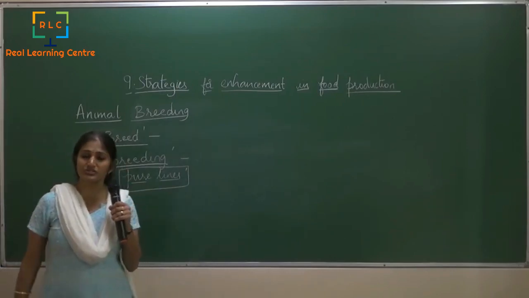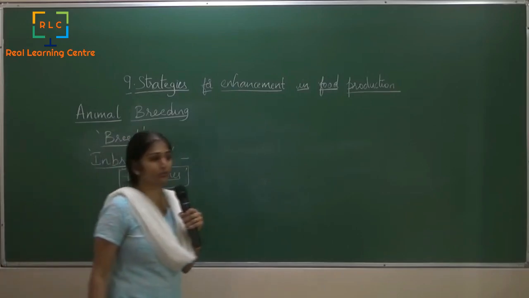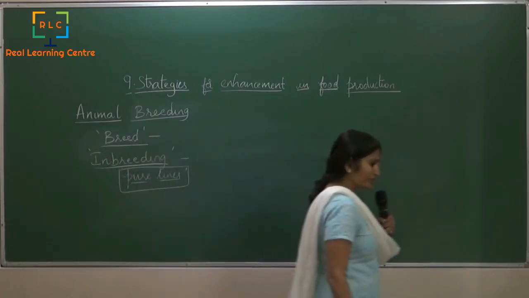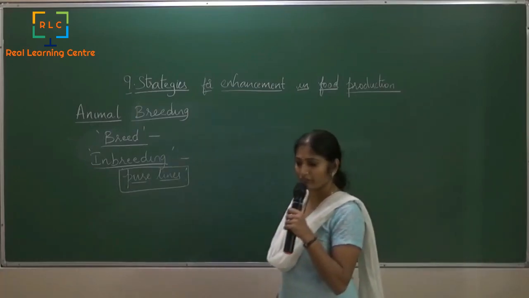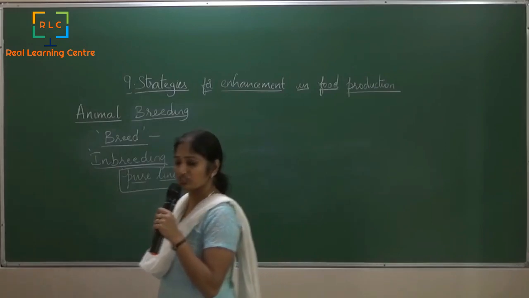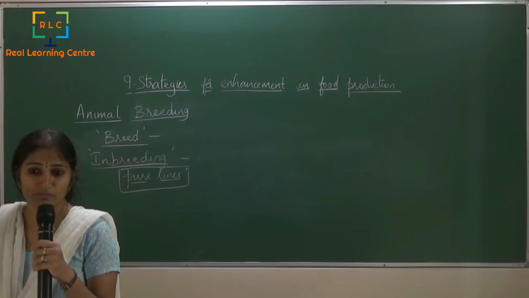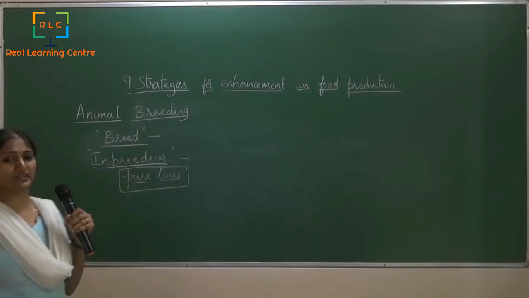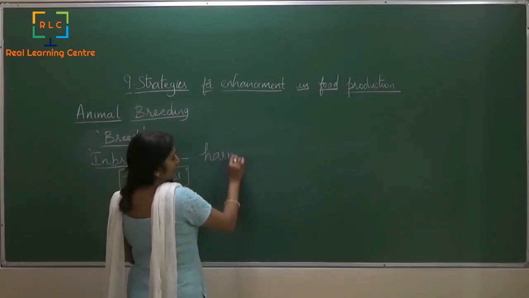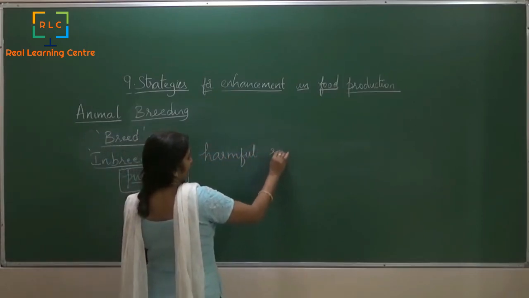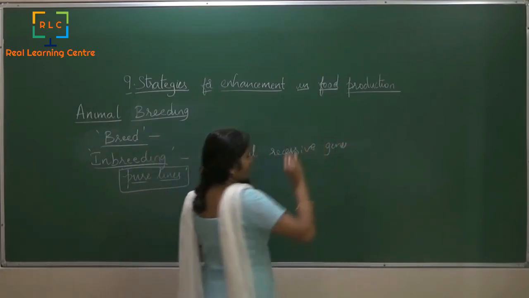So generally what you would see is whenever there is some kind of natural breeding, there would be the presence of heterozygosity, or there would be natural selection, and therefore the harmful recessive genes are eliminated. But in the case of the inbreeding technique, those harmful recessive genes are exposed.